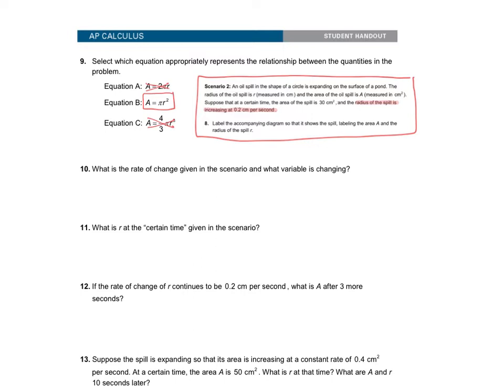So the rate of change given is 0.2 centimeters per second. And what variable is changing in that case? The radius.